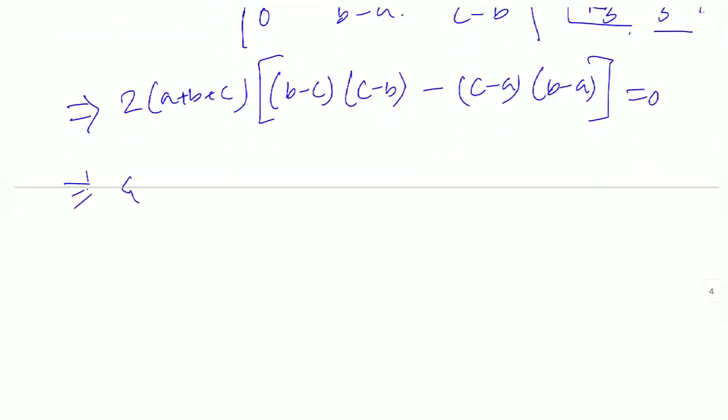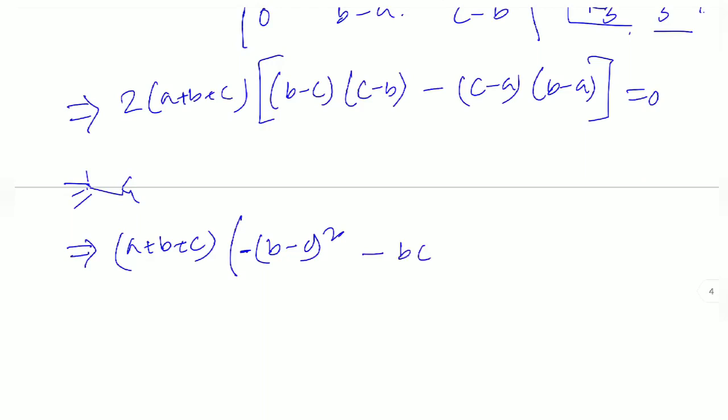So what you are having is a plus b plus c, and over here what you are having is (b minus c) whole square, and again here you have bc minus ca minus ab plus a square, so that is 0.